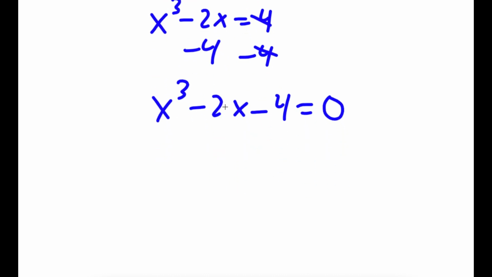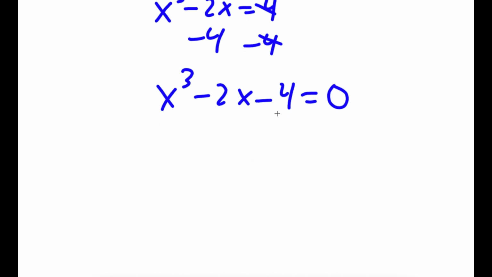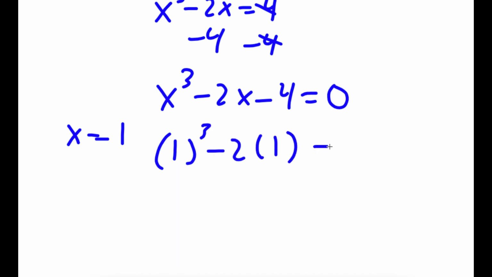To actually solve this, I'm going to first start by getting one value of x, and then using that value, I'm going to get the remaining values. To get that one value, I'm just going to have to test values out. So let's first start by testing out x equals 1. If x equals 1, we have 1 to the power of 3 minus 2 times 1 minus 4 is equal to 0. 1 to the power of 3 is 1.